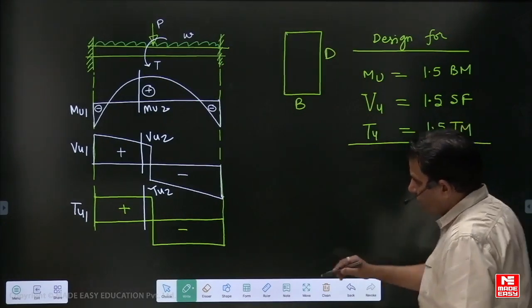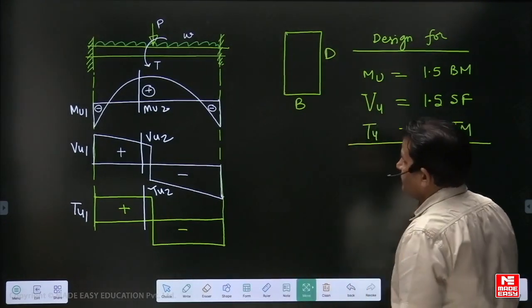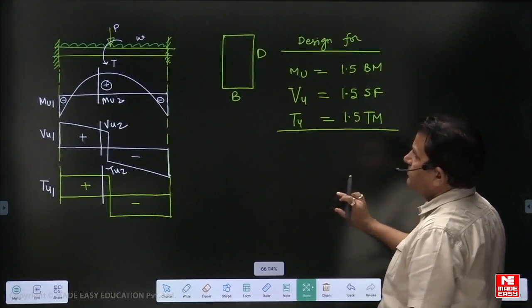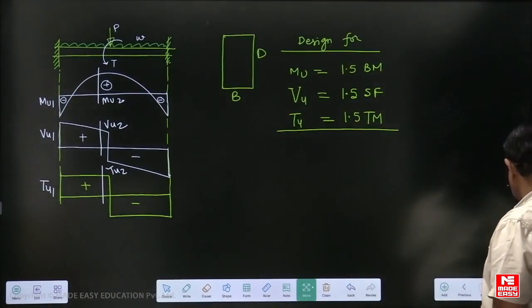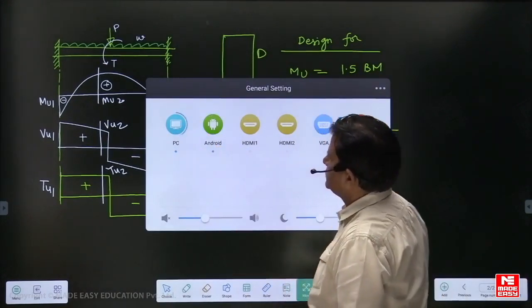If we look at our question, what are these values? Let's see the question and then we can start the design for these three values. So let's come back and see the question.